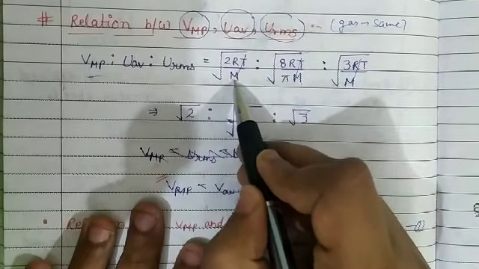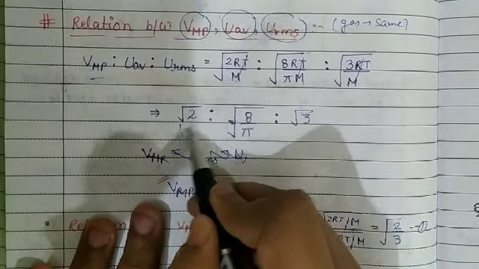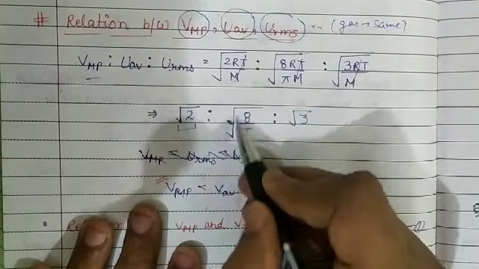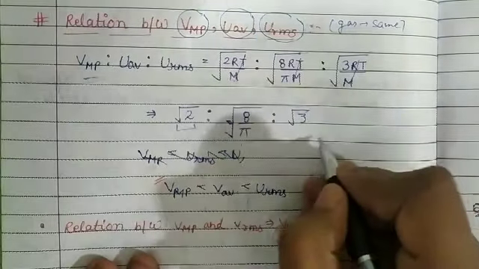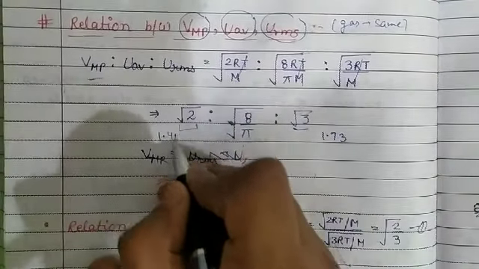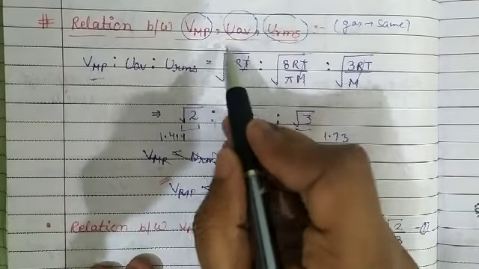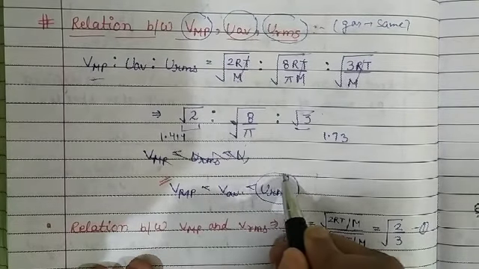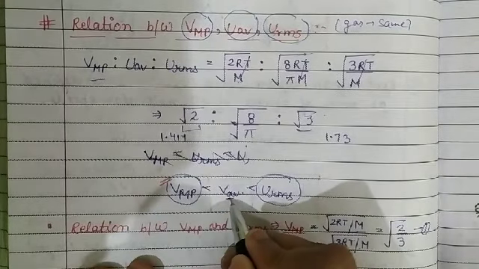As RT by M is common, cancel RT by M. Now it is square root of 2, under root of 8 upon pi, and root 3. When we solve, the value of root 3 is 1.73 and the value of root 2 is 1.414. So the maximum speed is VRMS, the lowest speed is most probable, and average is in between.